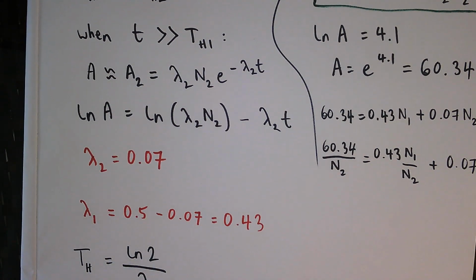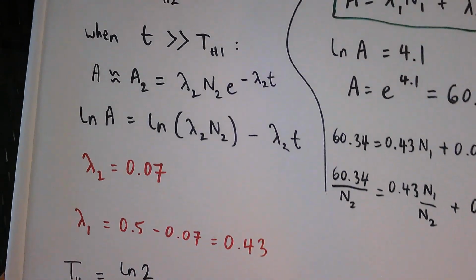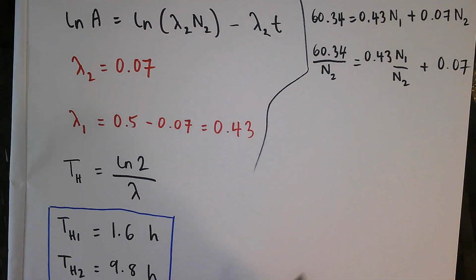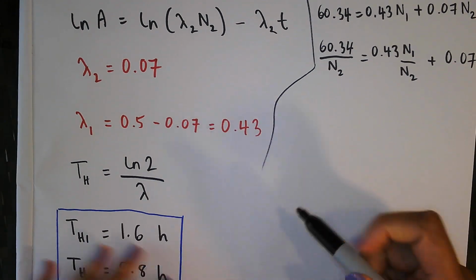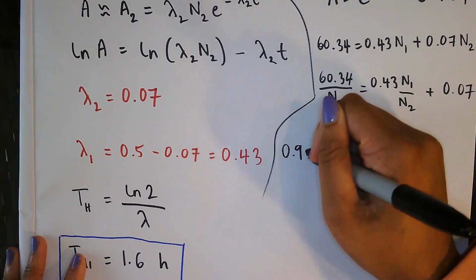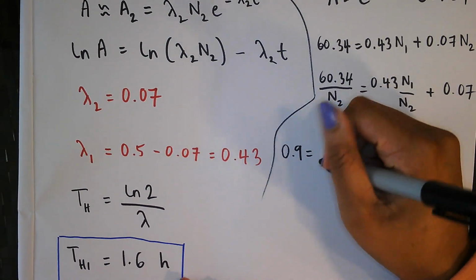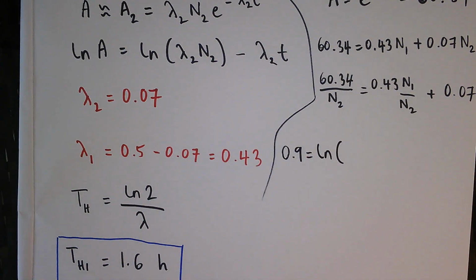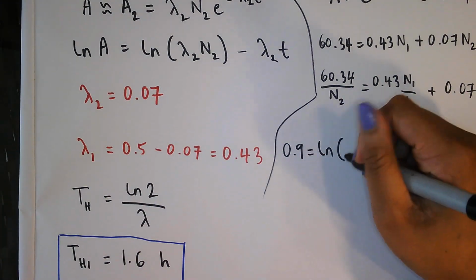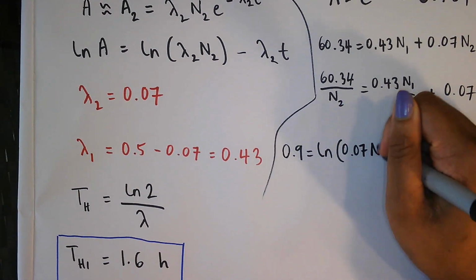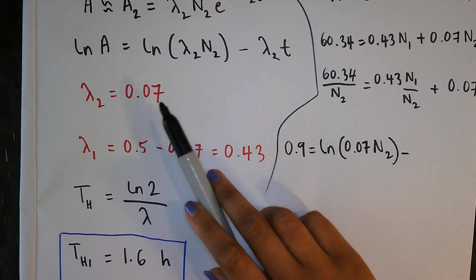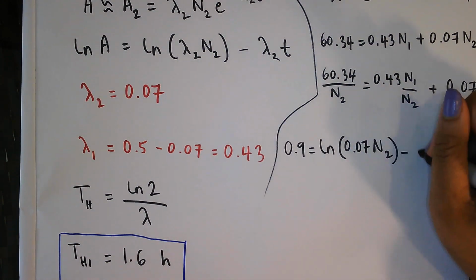So if we put them in, as the value of ln A at 20 hours was 0.9, so 0.9 equals ln of 0.07 n2, where 0.07 is the value of lambda 2, minus lambda 2 t, so 0.07 times 20, so 1.4.